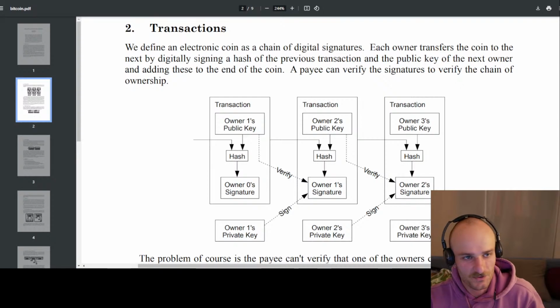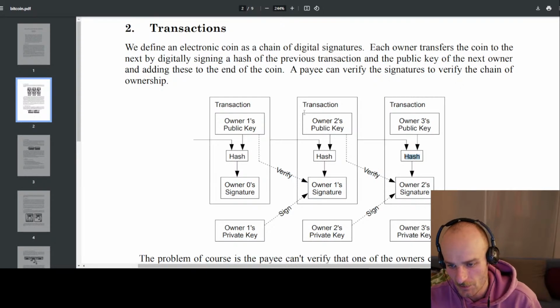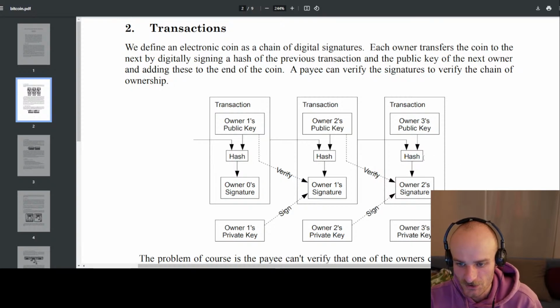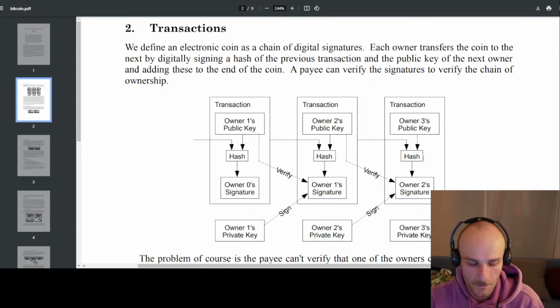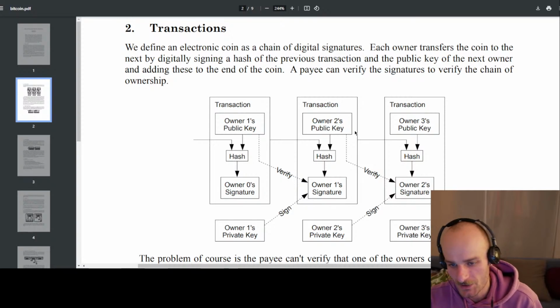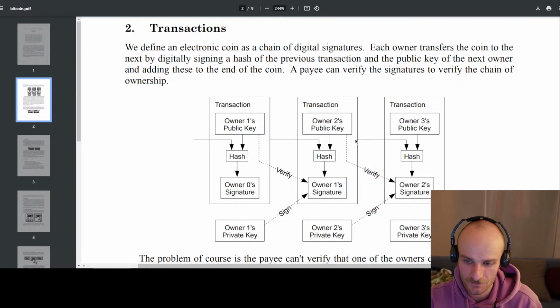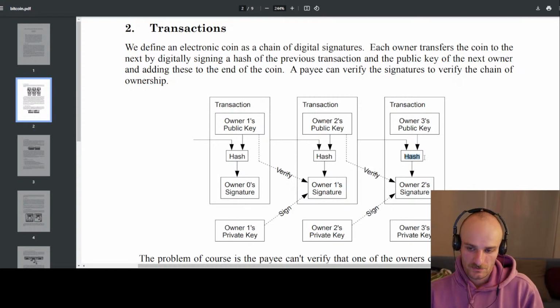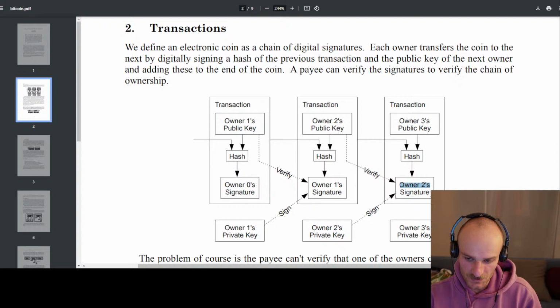For a moment, we can say that this guy here, owner 2, when he wants to pay owner 3, will pass the hash of the transaction that they want to realize. This hash is solvable with owner 2's signature.